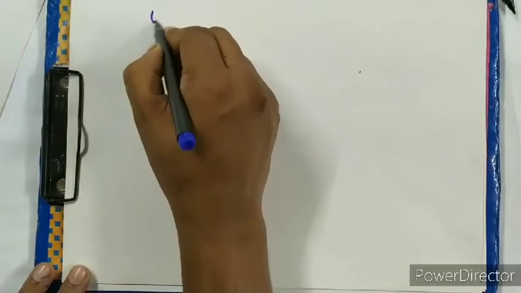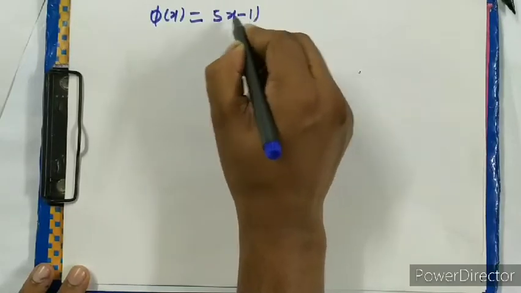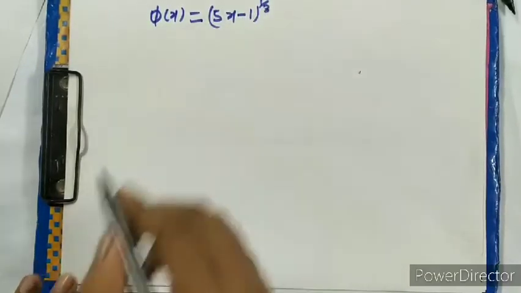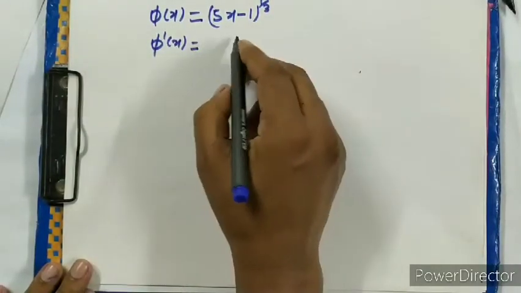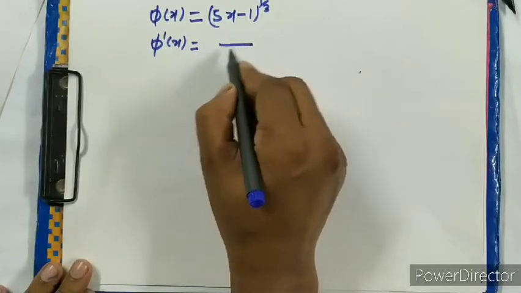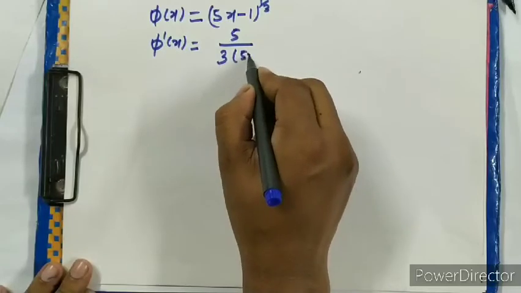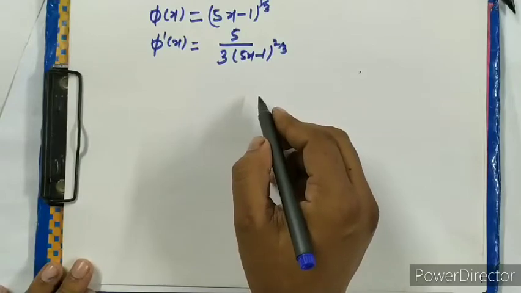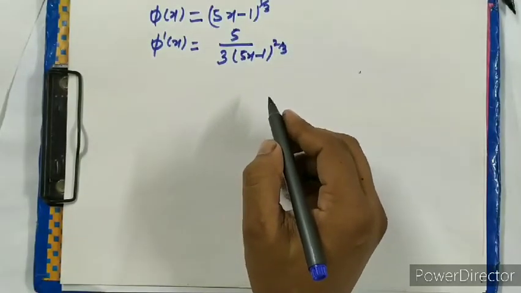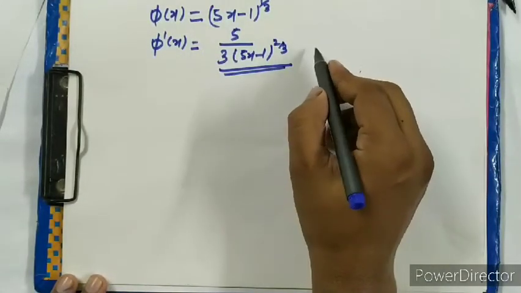Okay. Why does it not converge? Let's have a look. What is the function? We have phi of x, in the second case, (5x minus 1) whole to the power 1 by 3. So check what is phi dash of x. Phi dash is equal to 1 upon 5 upon 3 (5x minus 1) whole to the power 2 by 3. Is it okay? This is our first derivative of the function.